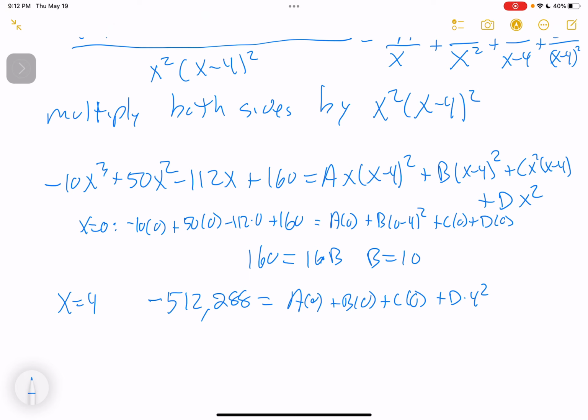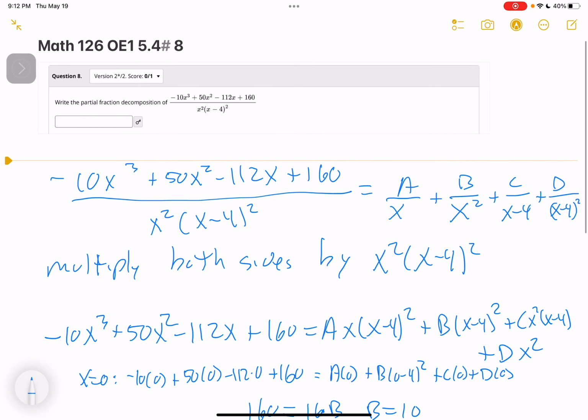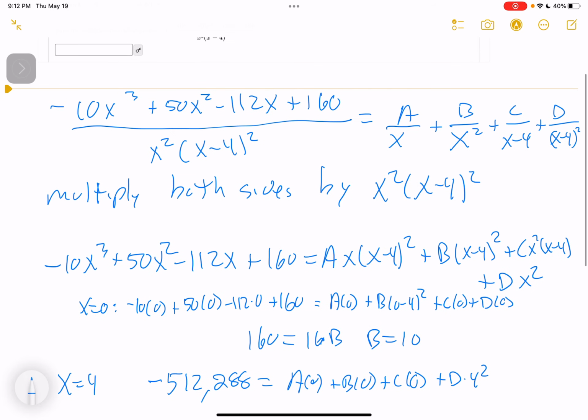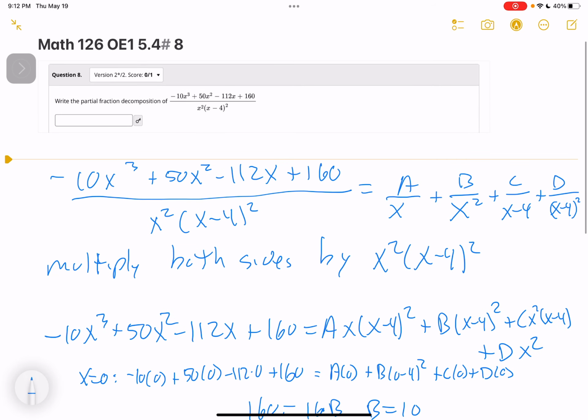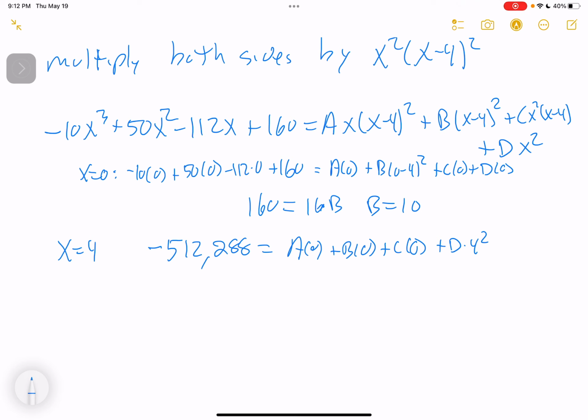I'm just double checking my math because that is a big number. Negative, positive, negative, positive. Oh, it's not that number. I have a times where it should have a plus. Oh, that's going to save us again. Okay, much better number now.